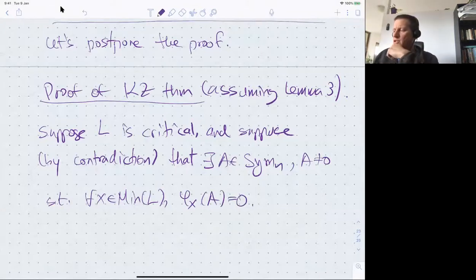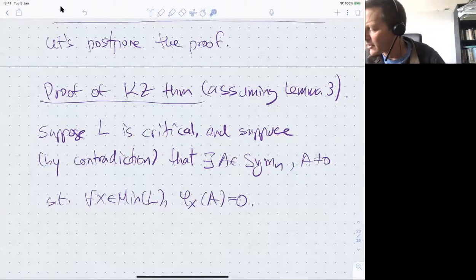This is what you get by assuming that the lattice is not perfect. Then these linear functionals don't span all the linear functionals on the space of symmetric matrices. And so there's a symmetric matrix which is not zero and for which this is satisfied.